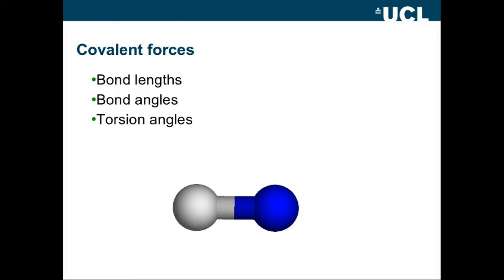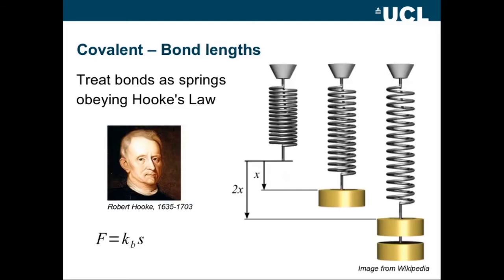So, as I mentioned with that last slide, the fundamental thing that we have there is a bond length, the distance between those two atoms. Now, we've already defined that in terms of the covalent radius, but of course we can stretch and compress that as well. In addition, the other two types of covalent forces are bond angles and torsion angles.